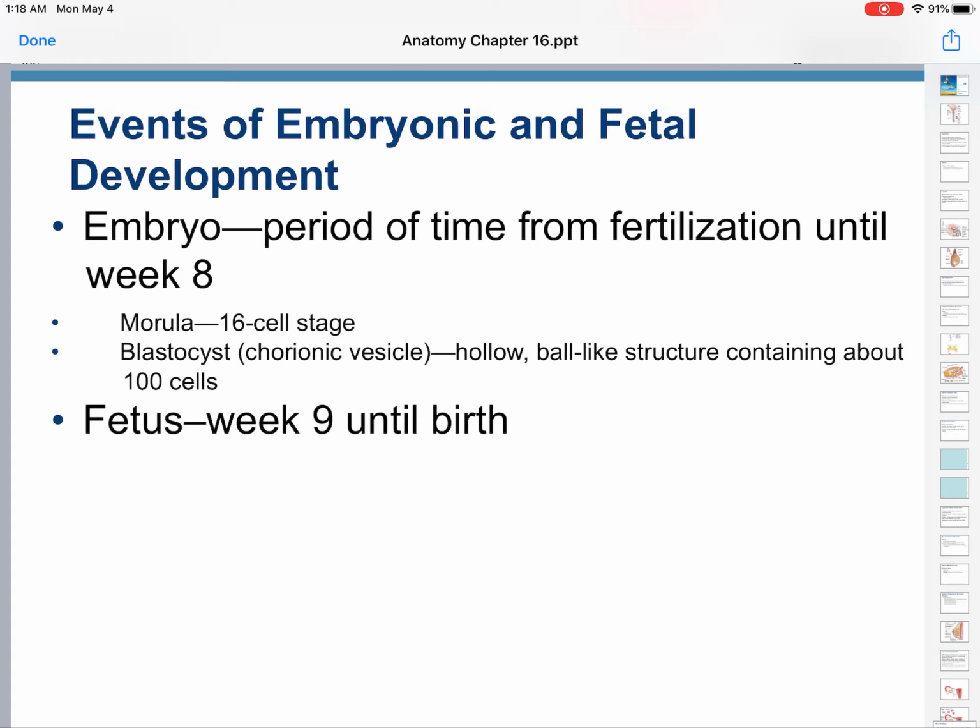Embryo is the time from fertilization until week 8. The morula is the 16-cell stage, and the blastocyst is a hollow ball containing about 100 cells.